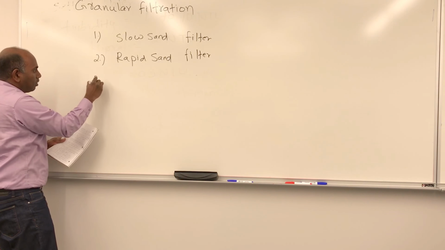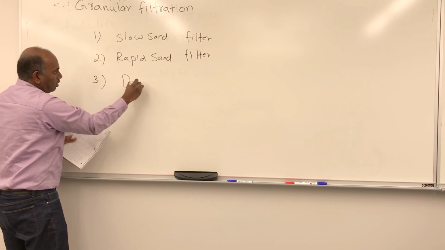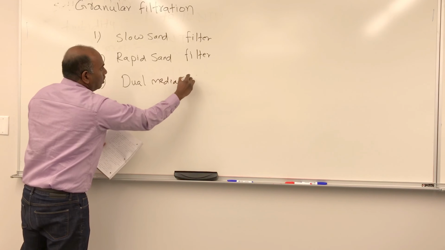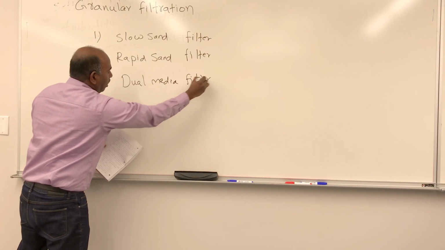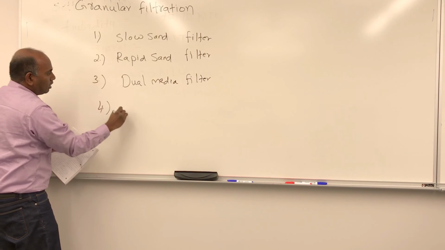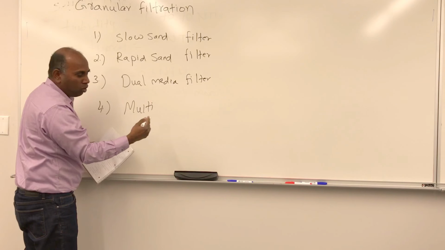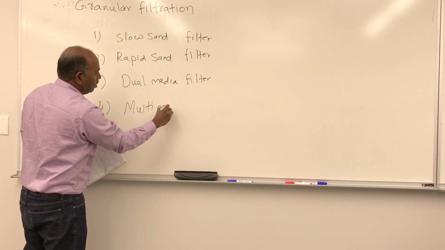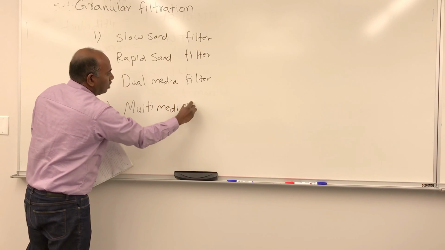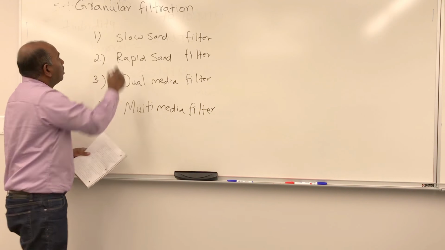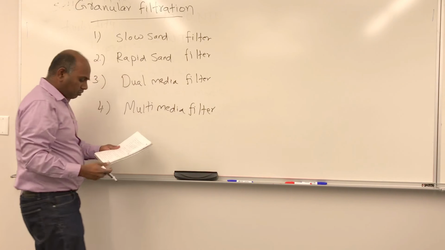Third one, a dual media filter. And the last one, a multimedia filter. We'll look in detail at what each filter means. So these are the 4 basic types of granular filters.